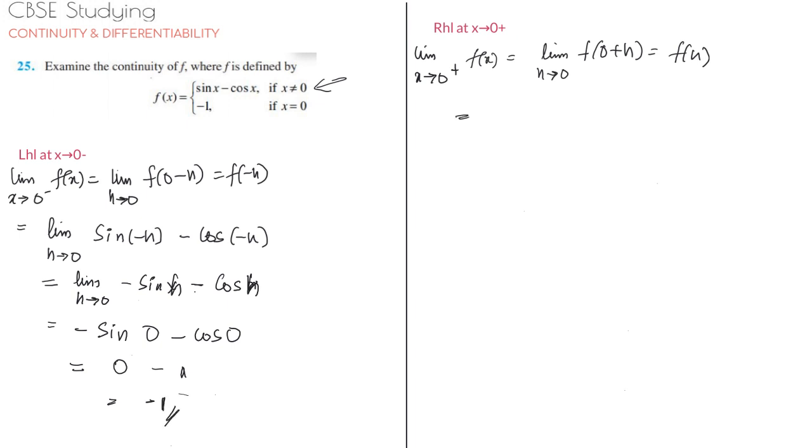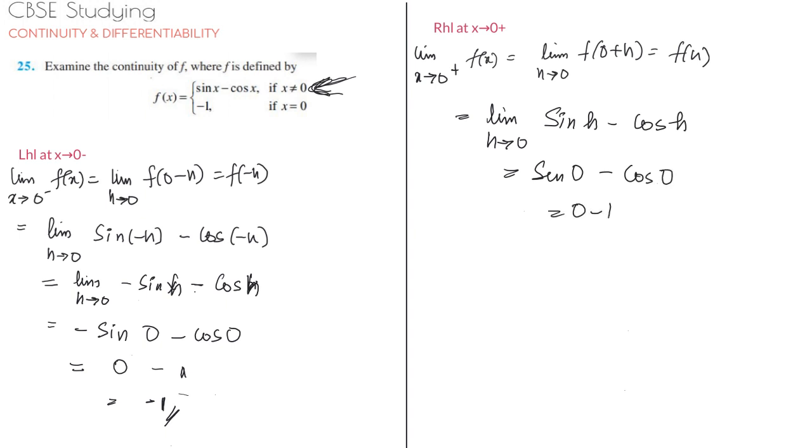Same thing on the right hand side. Limit h tends to 0, greater than 0 also, we are going to use this one: sin h minus cos h. Sin 0 minus cos 0, 0 minus 1, which is equal to minus 1.